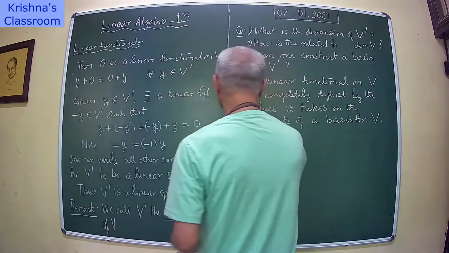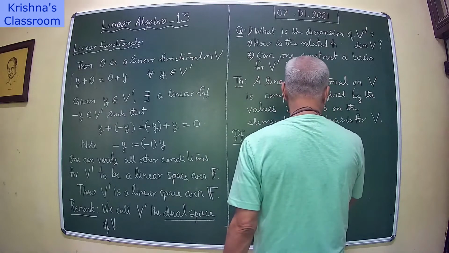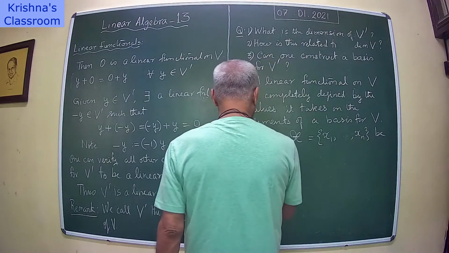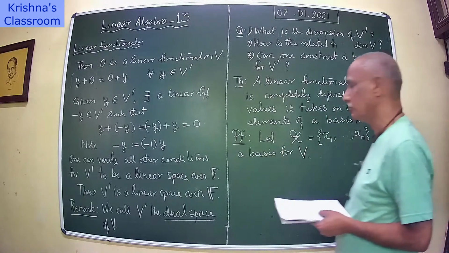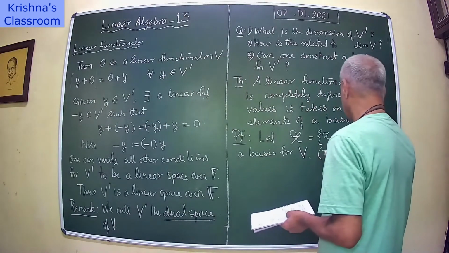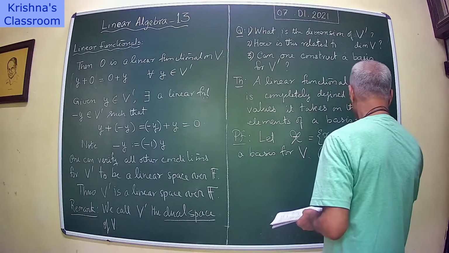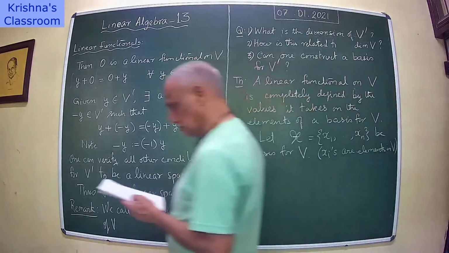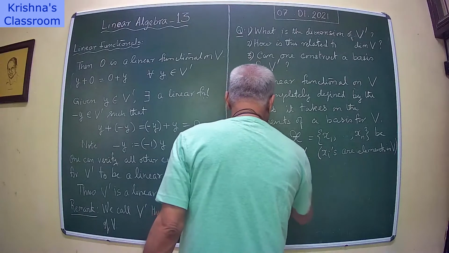So let us do this. Let script X be a basis for V. You know that every basis consists of n linearly independent vectors in V. So the xi's are linearly independent. Let y belong to the linear functions.